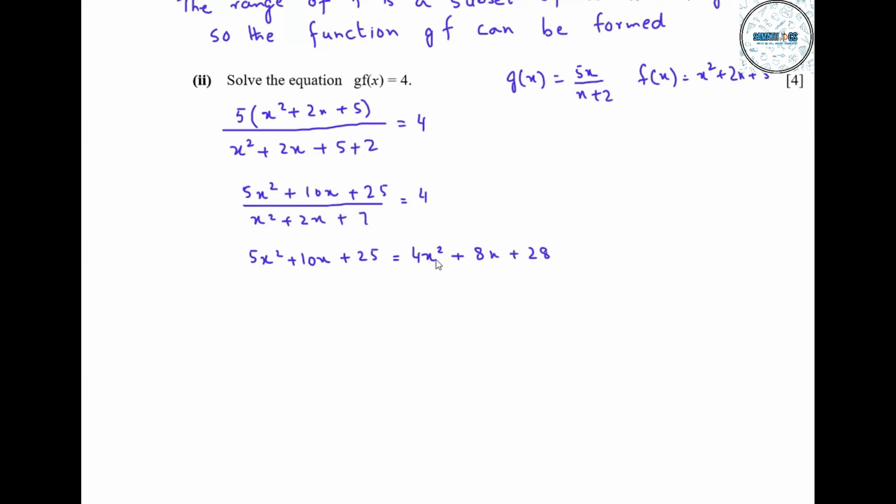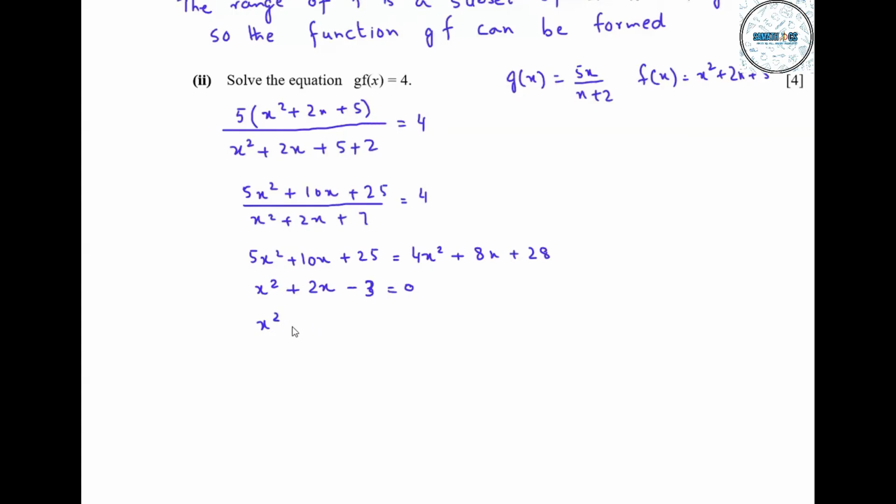So then we will take all these terms on this side. So 5x square minus 4x square will be x square. 10x minus 8x will be 2x. 25 minus 28 is minus 3. So now we will do middle term breaking.